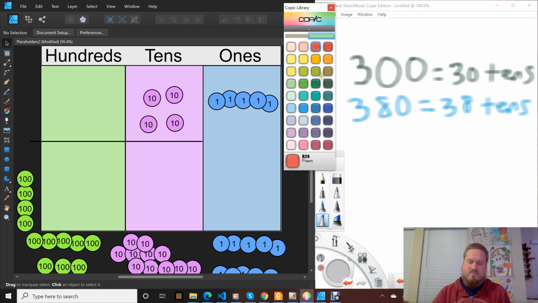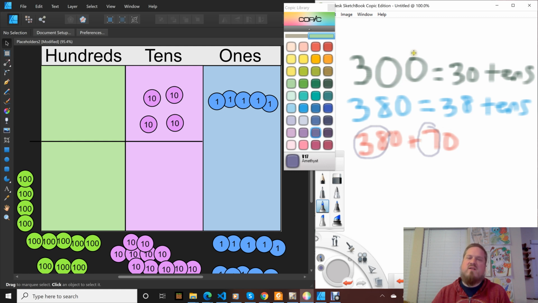So here's our problem. I'm going to take 380 plus 70. We're adding, if you look at it this way, 38 tens and 7 tens.